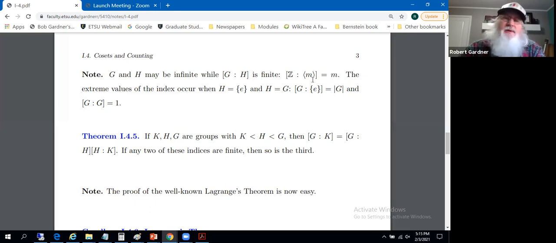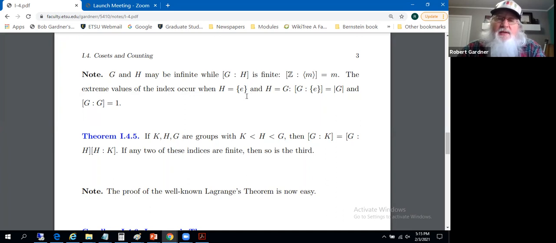Talking additive groups here. The extreme values, as it were, of the index occur when H is the identity only, when H is the trivial group, and when H is the whole group itself. These are sort of the endpoints, as big as G itself. Nobody said anything about proper or non-trivial in this setting.